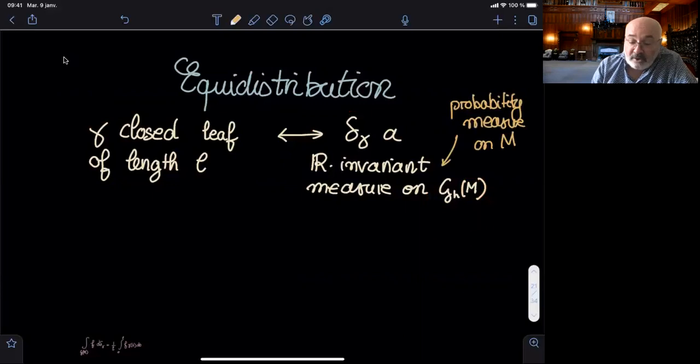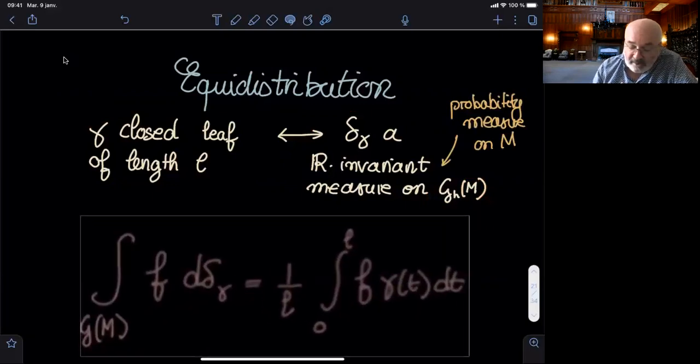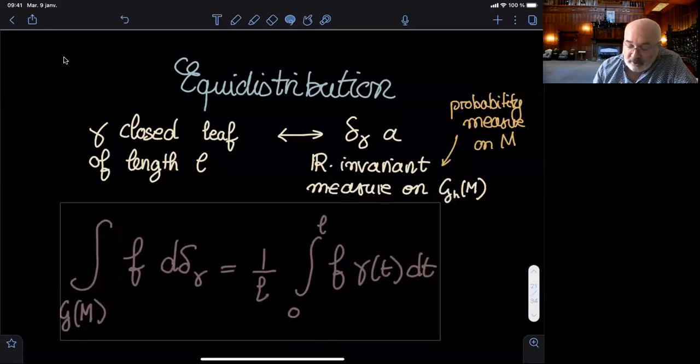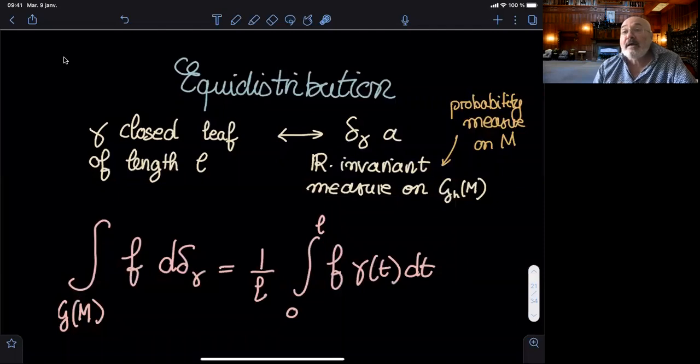So I guess the point is that now everybody knows that. Those who don't know, I'm going to give a formula, and I'm not sure this is going to help them a lot. So how do you define this probability measure delta gamma? You define it by its value when you integrate a continuous function.